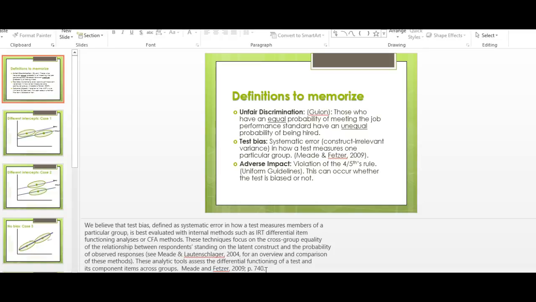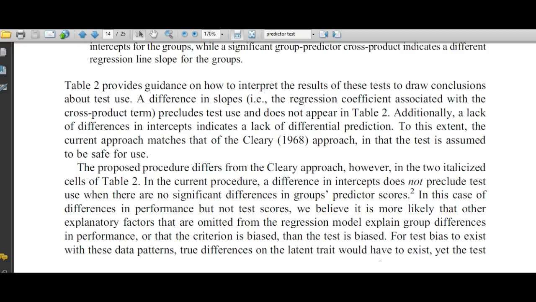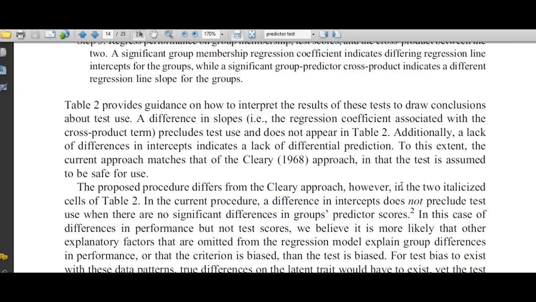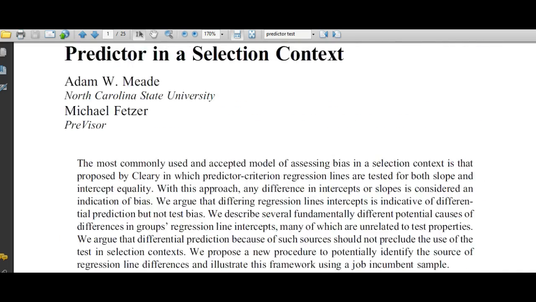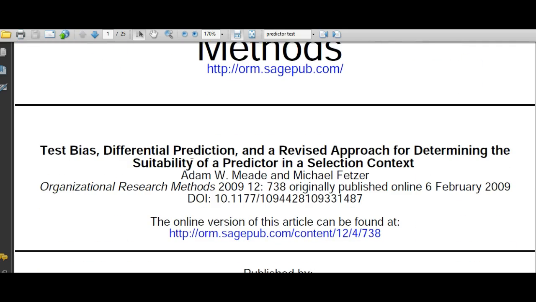The goal for this is to provide a brief update on the latest knowledge that we have for how to statistically ascertain whether there's test bias occurring in our selection measures. The information is primarily from an article on SharePoint by Mead and Fetzer in Organizational Research Methods.